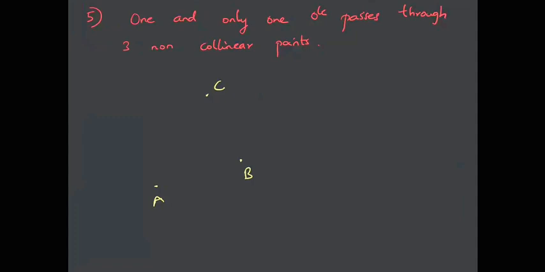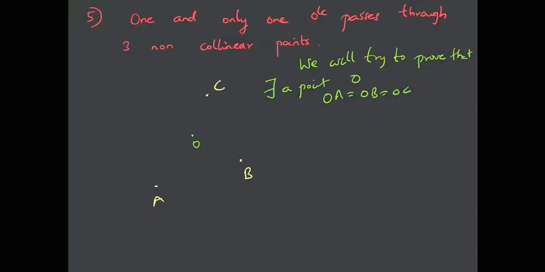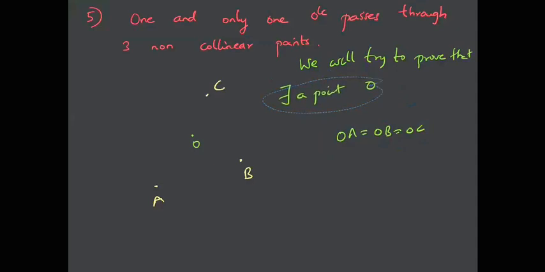I mean, we will try to prove that there exists a point O such that OA is equal to OB is equal to OC.